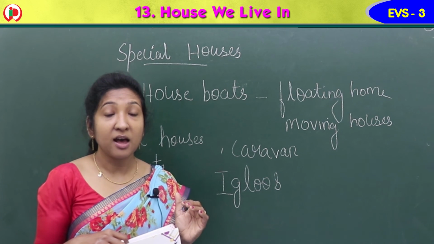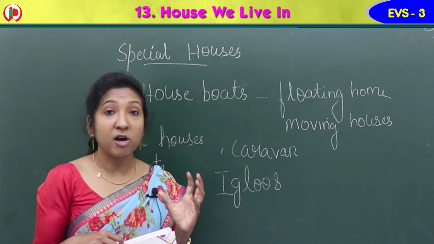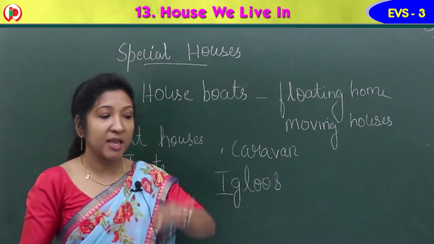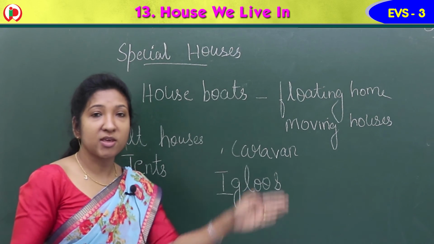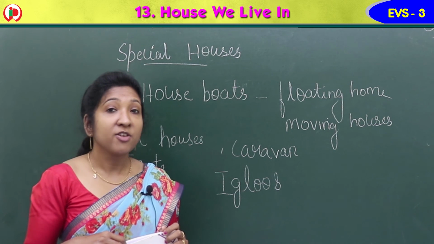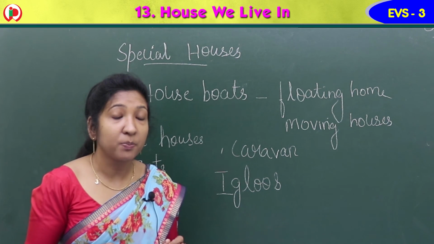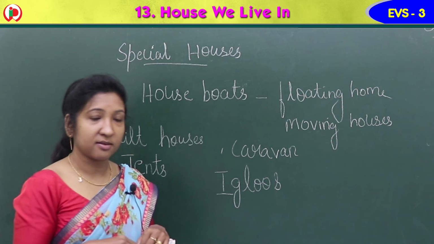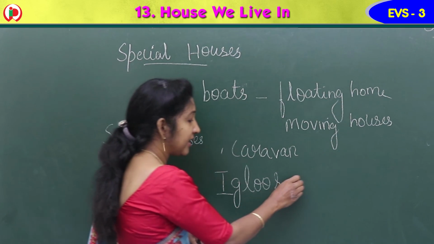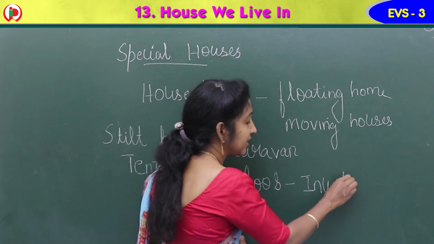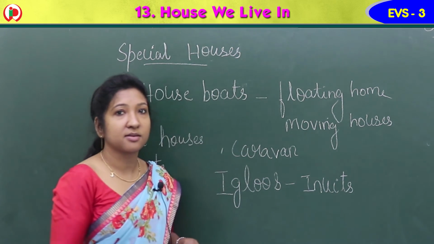So people make houses using blocks of ice. The shape of an igloo is dome shaped, like this, dome shaped. Then which people live in igloos? The people who live in igloos are called Inuits. Spelling: I-N-U-I-T-S. Inuits. Okay.